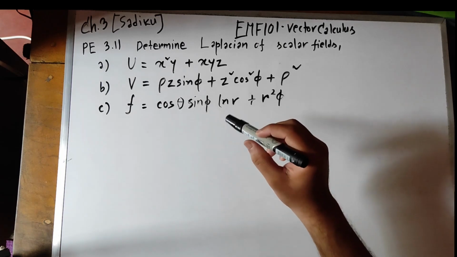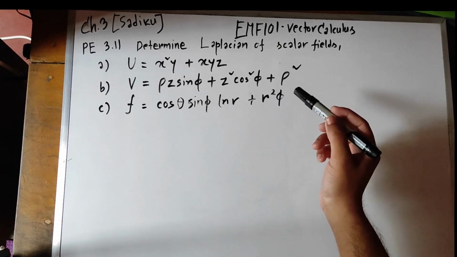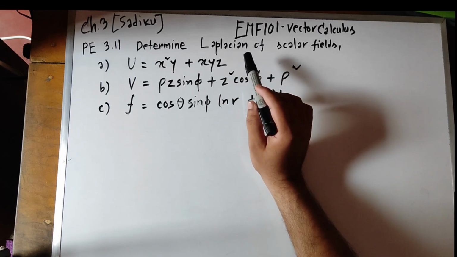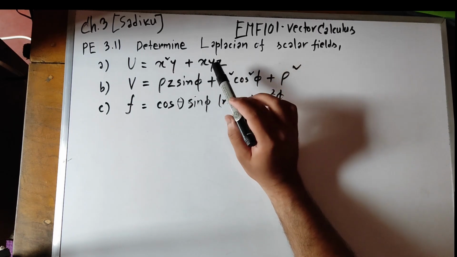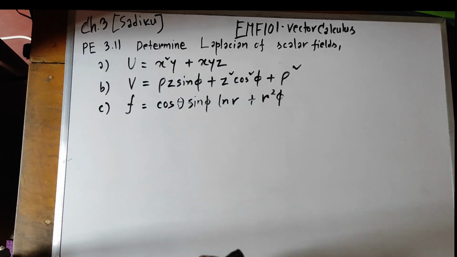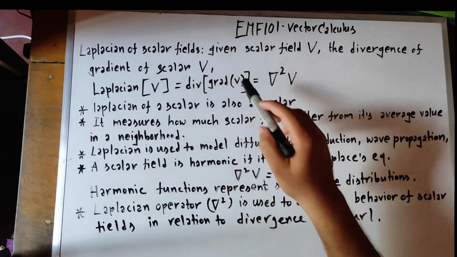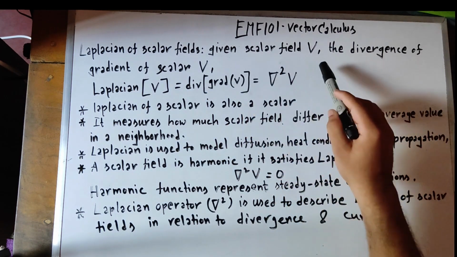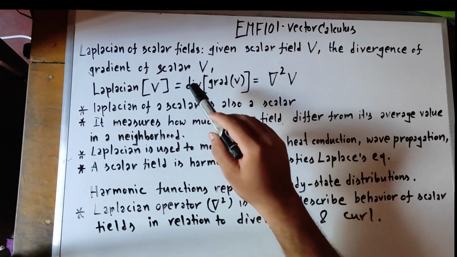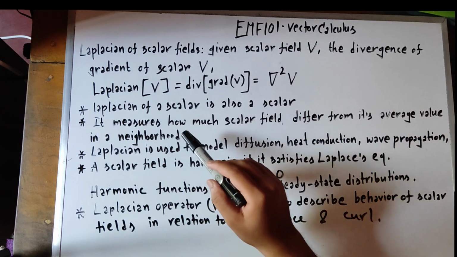Before I go to the problem solving part, let's understand what Laplacian is. Let me discuss the Laplacian of a scalar field. Given a scalar field V, the divergence of the gradient of that scalar is the Laplacian.